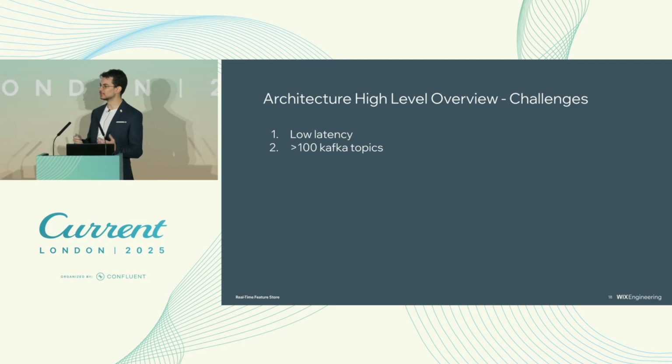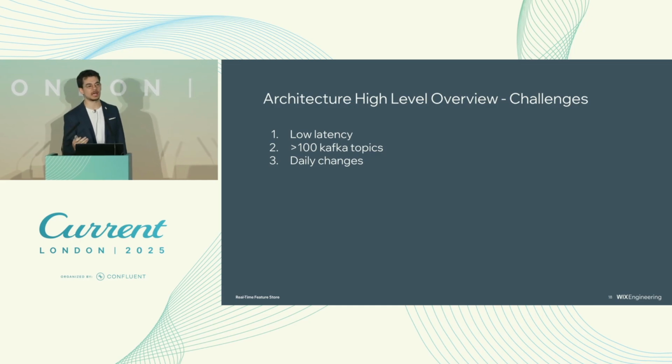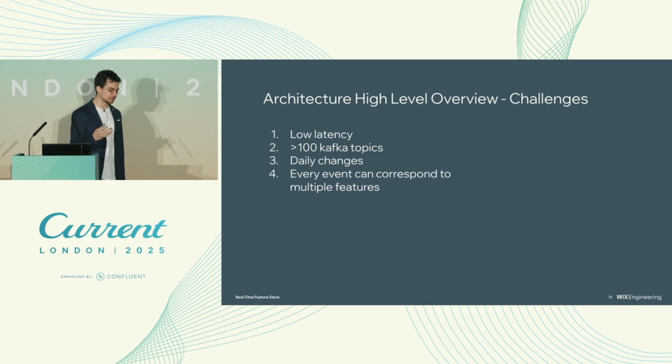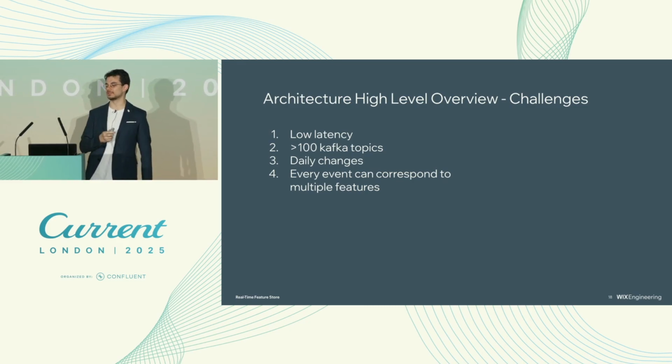Each one has different throughput, a different number of partitions, different schema, different whatever. Third, we have daily changes happening to our features, and we must propagate these changes into our pipelines almost immediately without affecting them that much. And lastly, every event can correspond to multiple features, which adds some layer of complexity if you think about it.